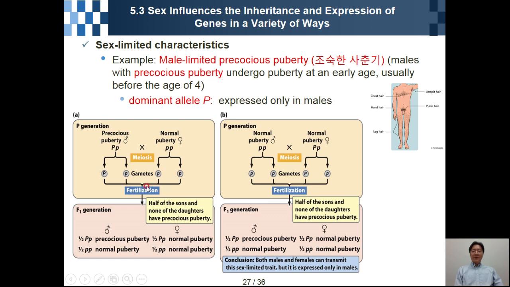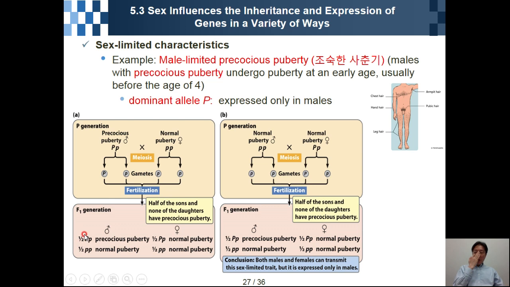So after fertilization, in sex limited characteristics, we have to divide it into the male cases and female cases. Okay, in the male cases, for example, this one crosses with this one, and this one crosses with this one.